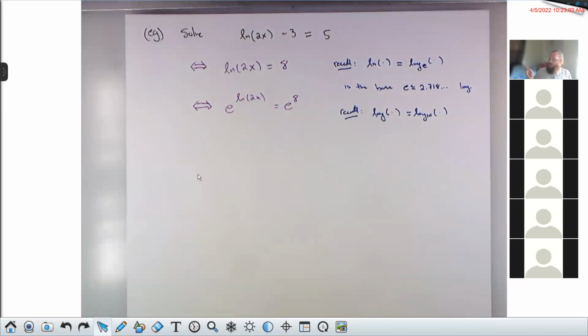So the natural log, if you see ln, that means we're talking about the base e log. If you see log without something written, that means we're talking about the base 10 log. So here we've got an ln. That means we're talking about the natural log or the base e. So we'll use that number e to exponentiate on both sides.